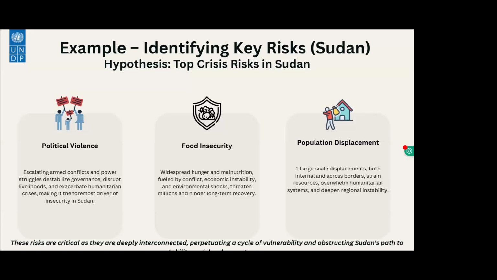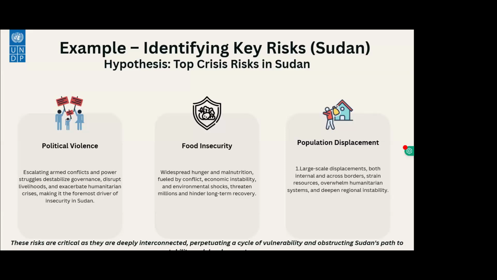We hypothesize that political violence is a primary risk factor, as of course it directly undermines security, even governance, development, the overall situation in the country. And I've listed it first because if the country is embroiled in conflict, it triggers or worsens many other problems. The second risk is food insecurity.